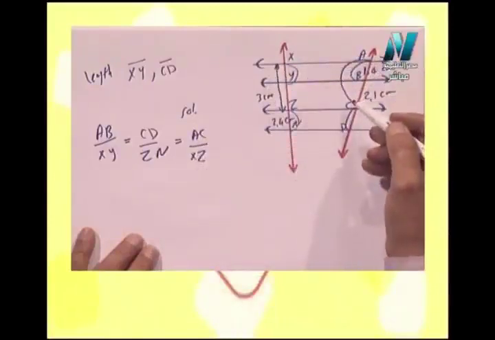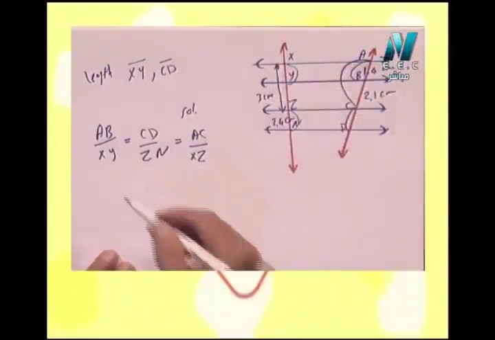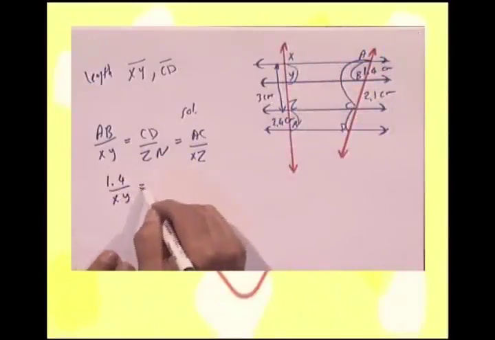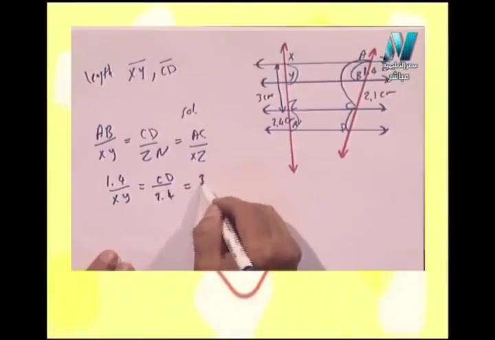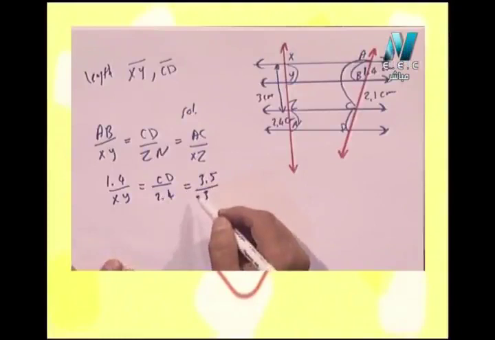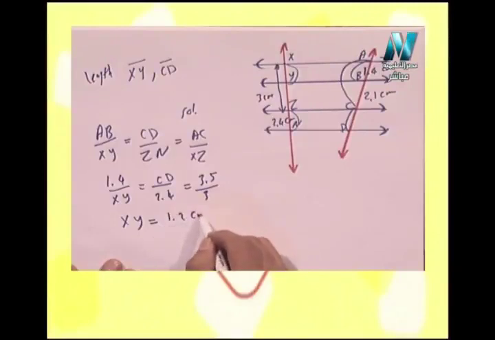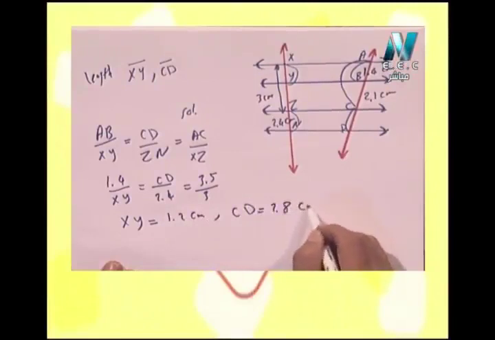Why have we chosen this? Because XZ here equals 3 centimeters. And we put the numbers here like that. 2.4 equals 3.5 over 3. So by calculating and using cross multiplication, XY will be 1.2 centimeters and CD will be 2.8 centimeters. And we have finished the solution of this question.